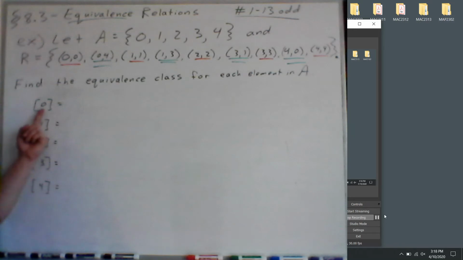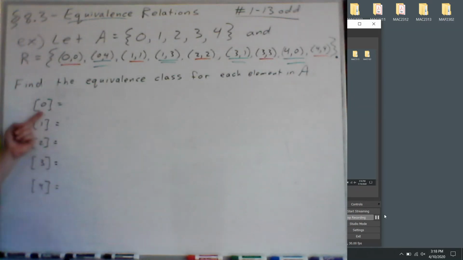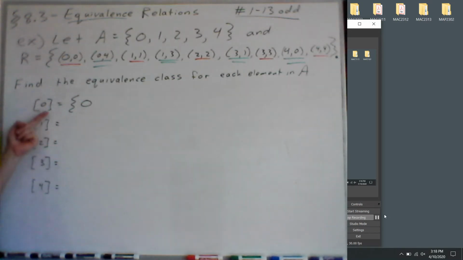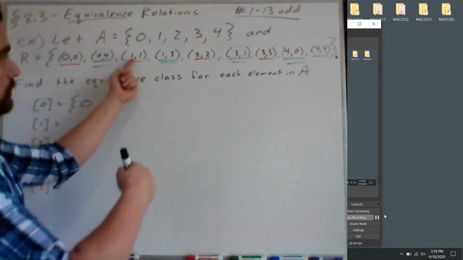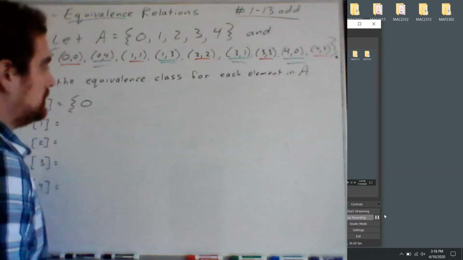So basically what we're asking is, which elements are related to 0 in this set? Well, 0 is related to 0. What other elements are related to 0? 4 is related to 0 in this set.